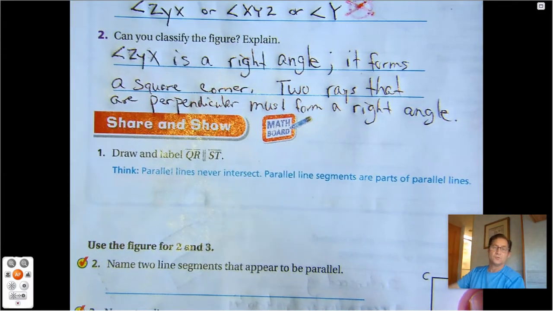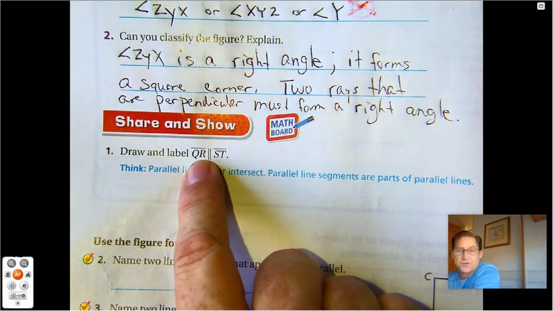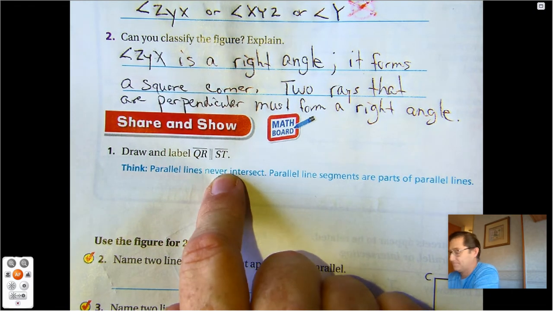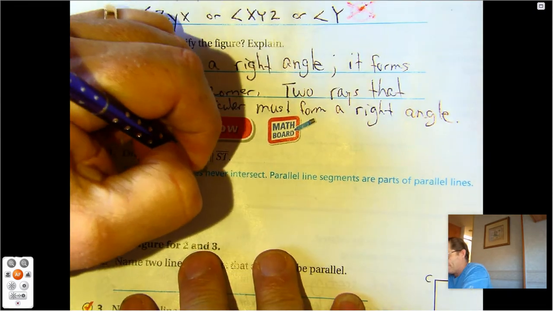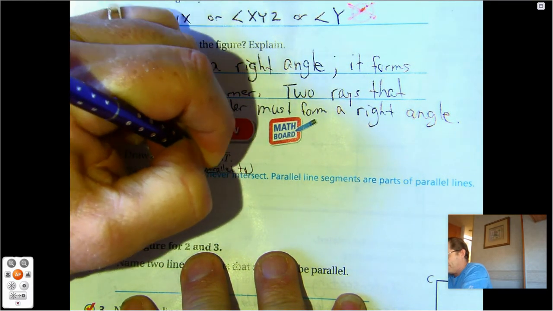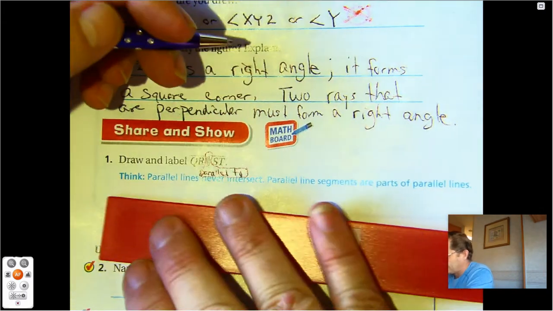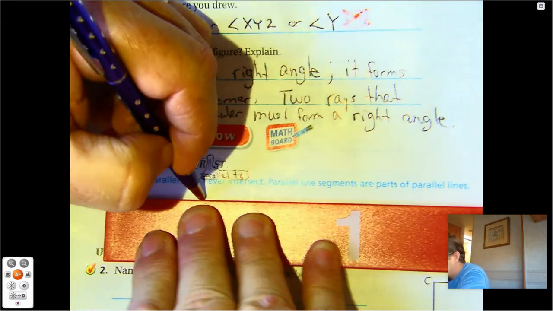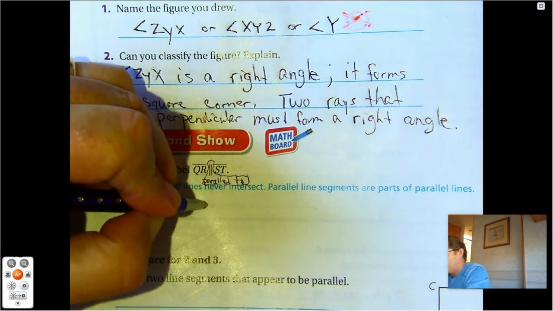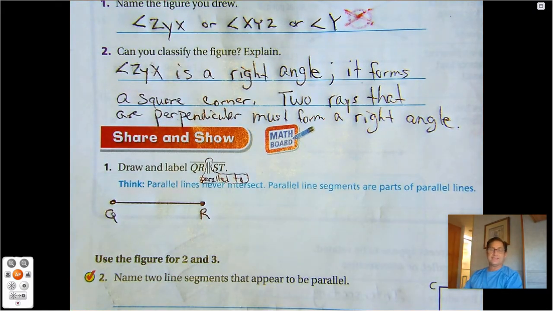Okay, so draw and label line segment QR parallel to line segment ST. All right, so line segment QR, and ST is parallel to it.